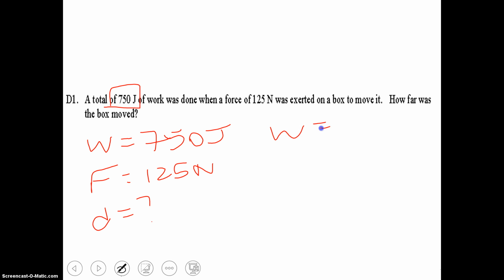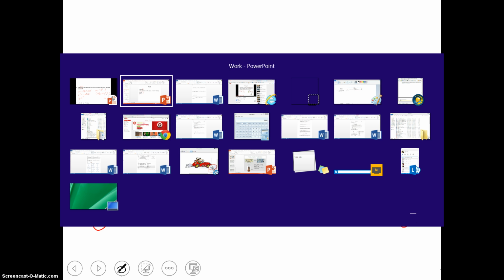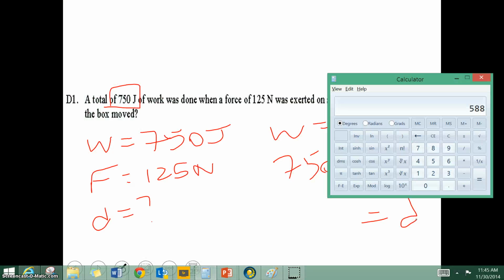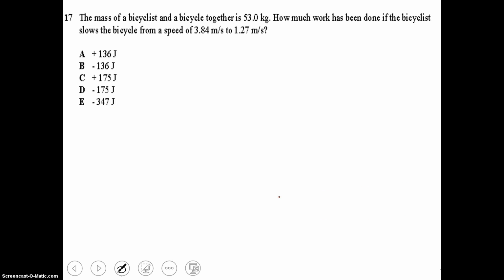So if we use work equals force times distance, 750 equals 125 times d, well then d will be equal to 750 divided by 125, which is 6 meters. So how far was that box moved? It was moved 6 meters.